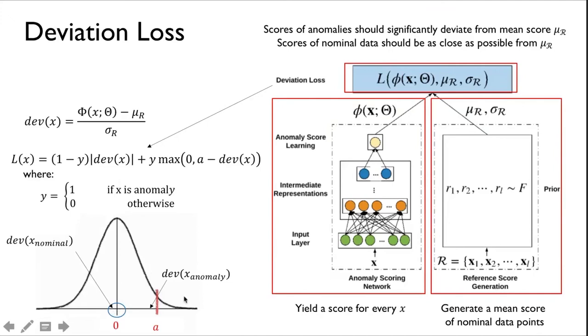Does it make sense? Okay, great. So imagine that after the optimization process, they derive the representation of the anomaly so that the deviation score of the anomaly will be close to a very high positive value, and the deviation score of the normal data points will be around 0.